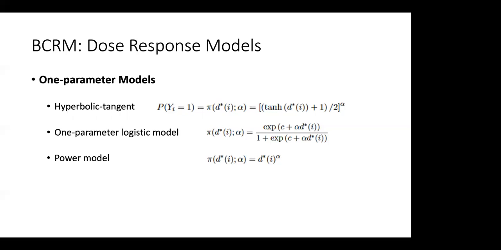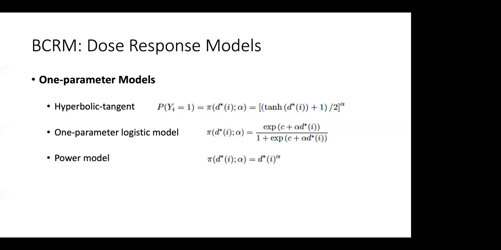There's also the one parameter logistic model, and you can see the form is similar to the commonly seen logistic model, but the only difference is that the C here, usually the intercept of the logistic model, is a fixed number. In the original BCRM paper, they recommend setting C to be 3. The only parameter to be estimated in this model is still alpha. And the power model has a pretty simple form. It's just the dose levels raised to the power alpha.